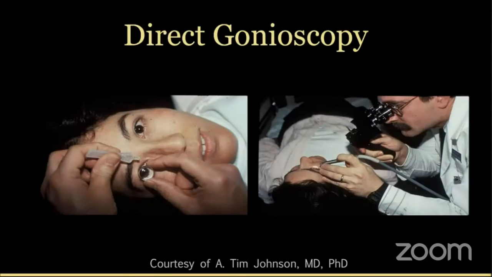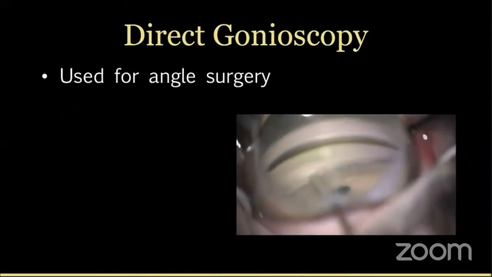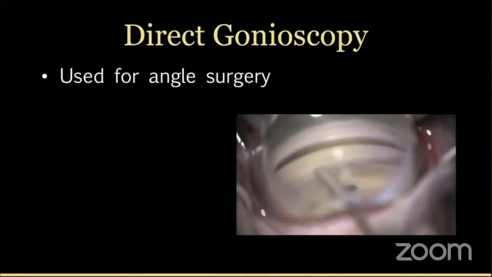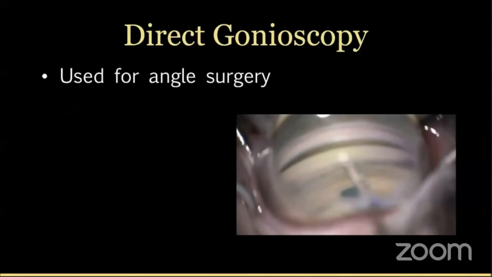This used to be a clinical technique back before my time, but it was very cumbersome and so very rarely used. You'd have to have a lot of reason to want to do gonioscopy on a patient. Usually I would only use direct gonioscopy for angle surgery, in this case doing a goniotomy on a little baby.